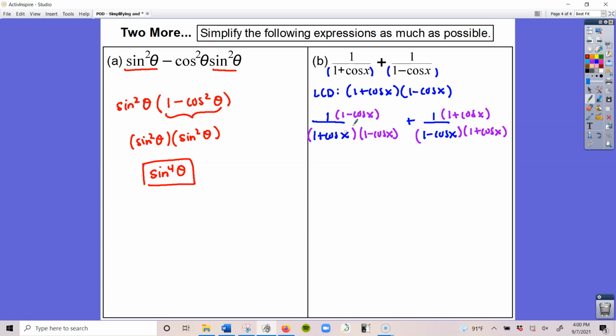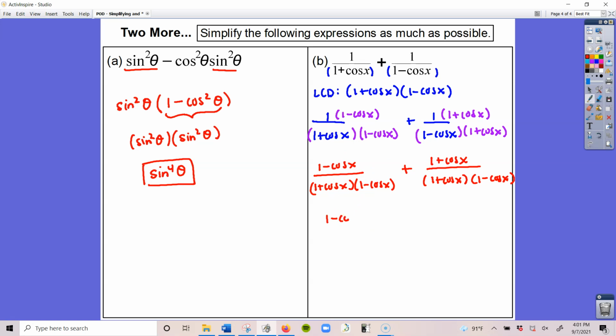So this numerator is now 1 minus cosine x over 1 plus cosine x times 1 minus cosine x plus 1 plus cosine x, and the denominator is now the same as the other one, so 1 plus cosine x, 1 minus cosine x. Since they have the same denominator, we can combine this as one giant fraction and add the numerators.